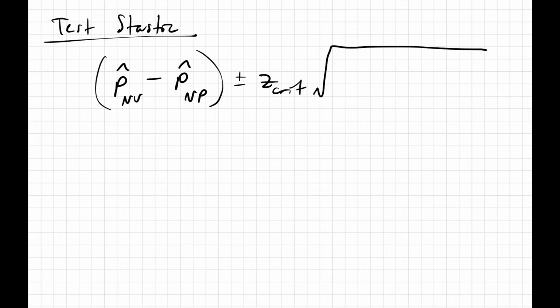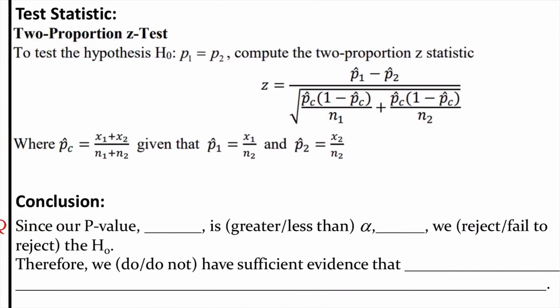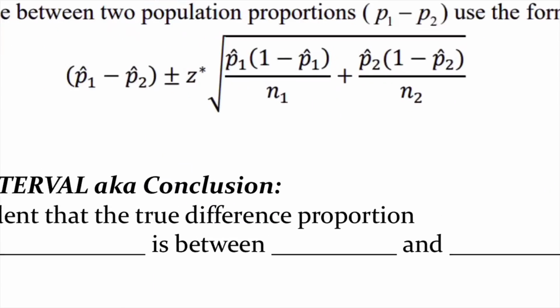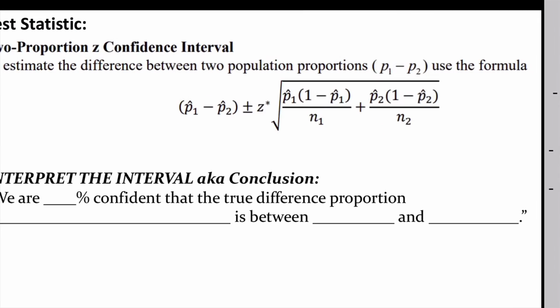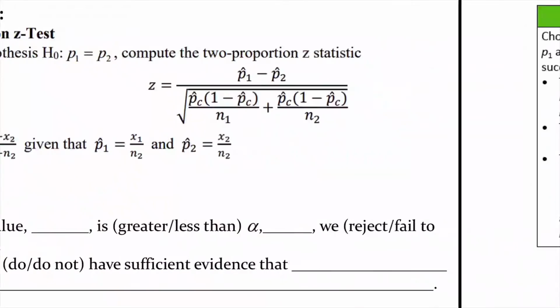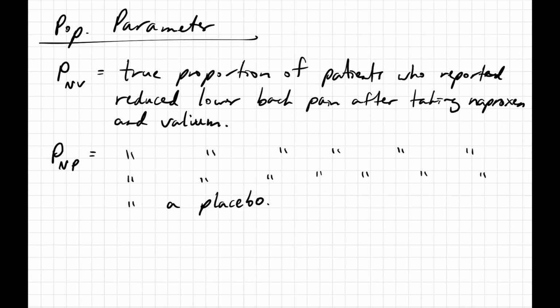That means I'm going to have an NV here, an NV here, and an NV here, and then an NP here, an NP here, and an NP here. Just be consistent, that's all. It does not matter which one you put first or second. Consistency is what they're looking for.